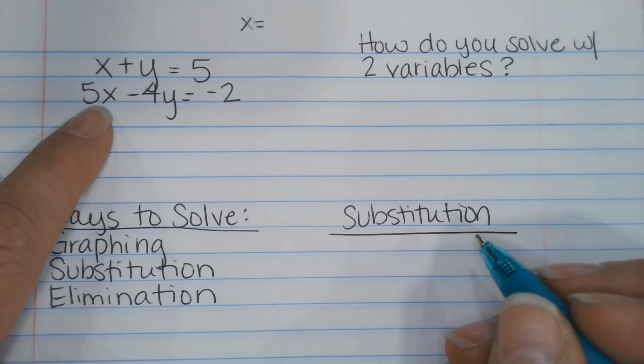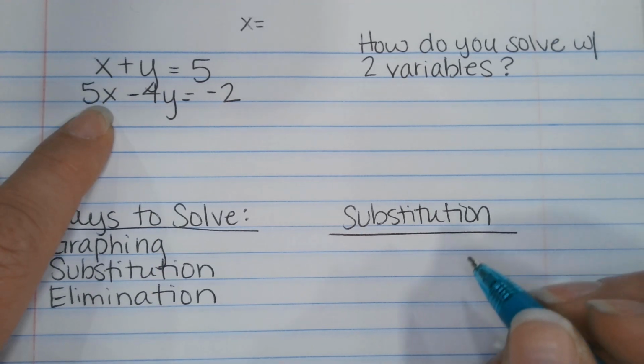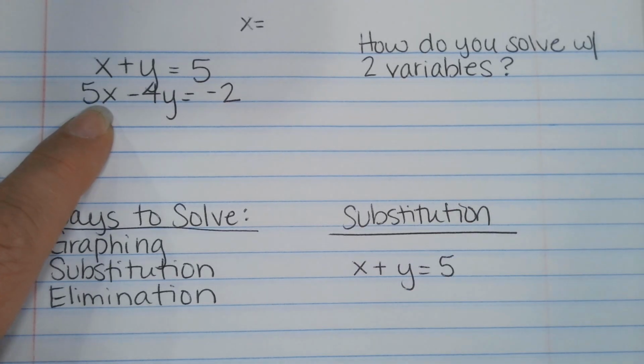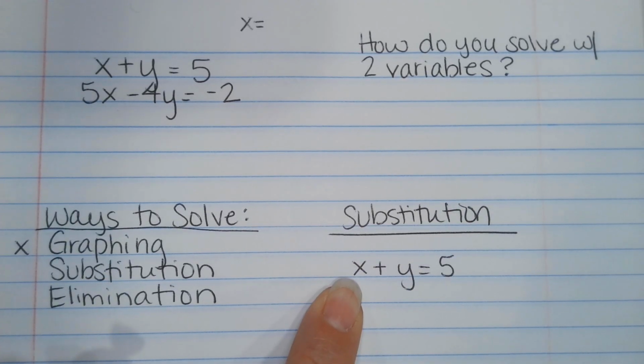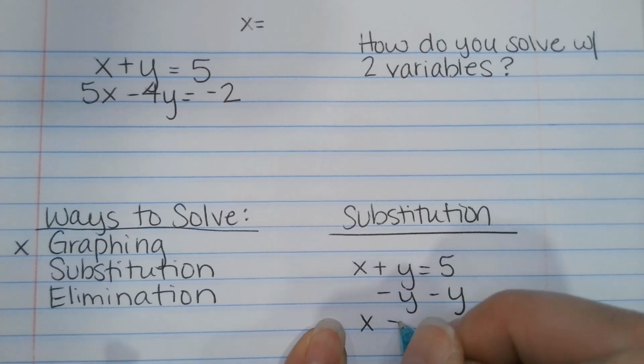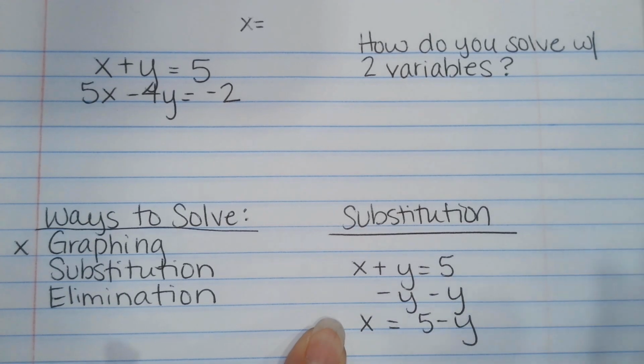So let's make one of these equations all the same variable. What I'm going to do is make my x plus y equals 5 something of just x equals. So I'm going to move my y, and I'm going to have x equals 5 minus y.